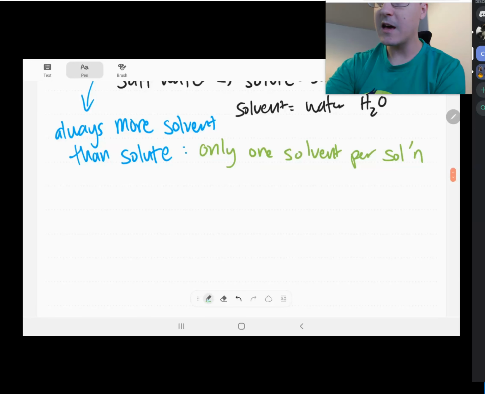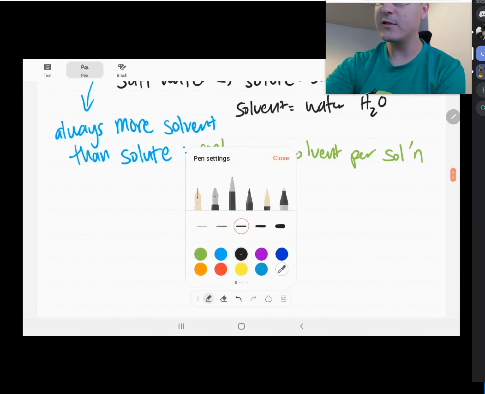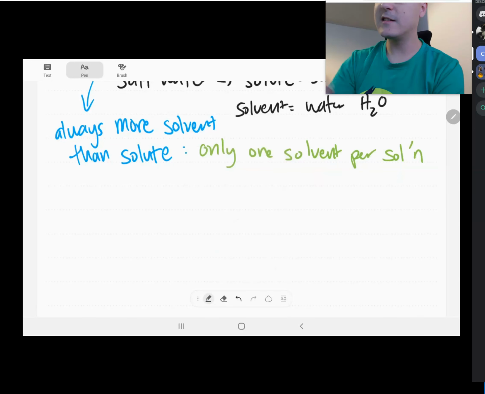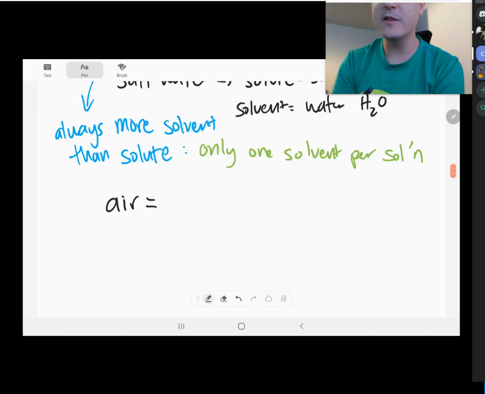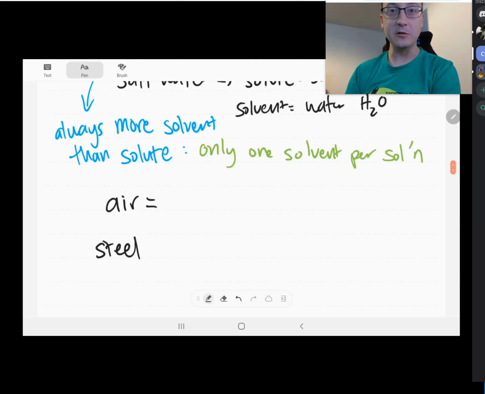Let's do a couple more examples. Let's say we have some other solutions. Let's say we have air. Air is a solution. We have a solvent and some solutes. We're going to go into those. We also have, how about steel? That's another example of a solution. I want to not only focus you guys on aqueous solutions, that is solutions in water, but there are tons of other solutions that exist as well.